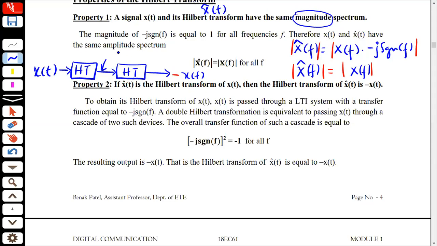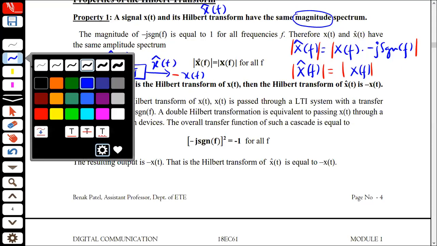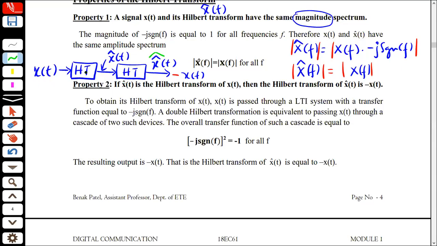It's x cap of t. And if I make this x cap of t go through one more Hilbert transform block, I'll get x cap of t along with one more cap. Here I have to write one more cap, because a single Hilbert transformer makes one cap appear, and one more Hilbert transformer block will give two such caps.